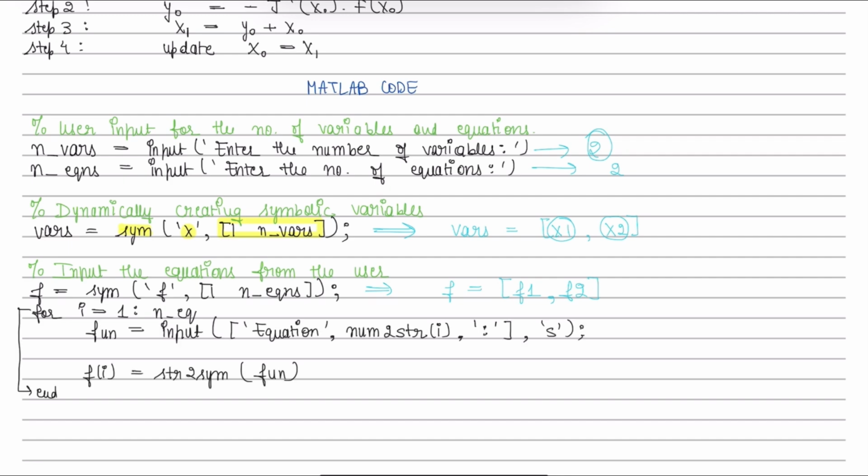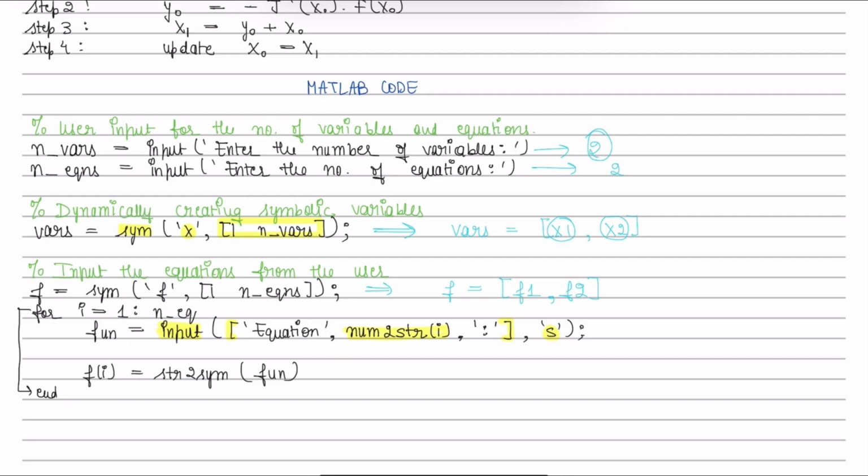Now, to take the functions as input from the user, we will use these lines of code. Let us try to understand these statements. We already know that this input function reads the user input from the command window, and whatever is written inside these brackets will be used as the printing statement. Now, this will convert the loop index i to a string which represents the equation number, and this 's' value specifies that the input should be treated as a string.